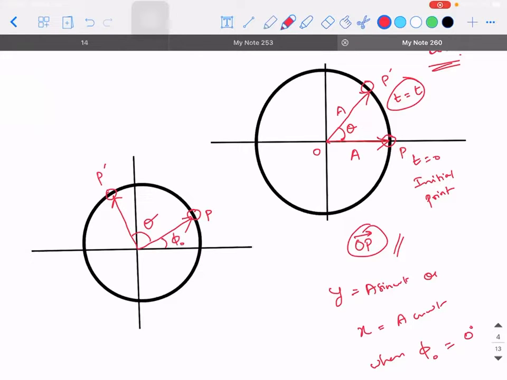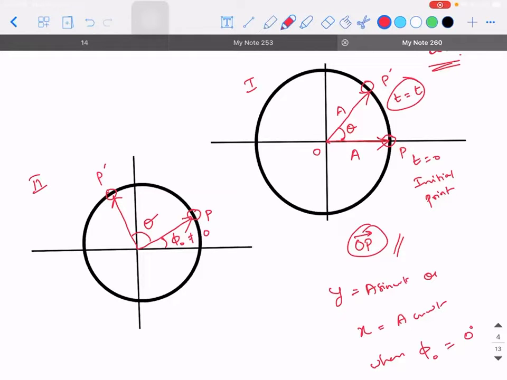Are you able to visualize the difference between both the diagrams? In the first diagram, OP was coinciding with the x-axis. In the second diagram, OP is not coinciding with the x-axis. Rather, it is somewhere in between the x and y-axis. Means phi naught is not equal to 0. So phi naught is a non-zero value.